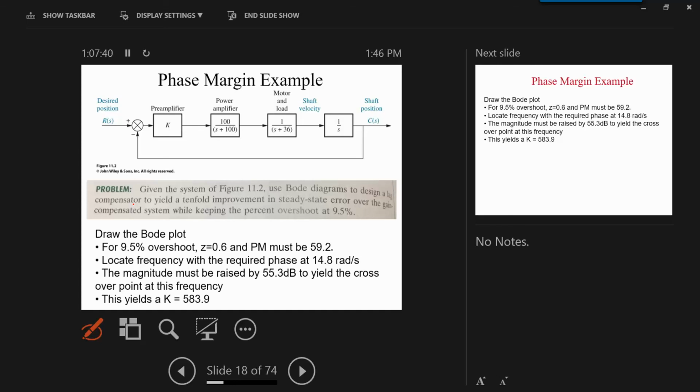Let me make the scale clearer so you can see it. Fonts, 14 bold. This is my phase and magnitude plot, the Bode plot.